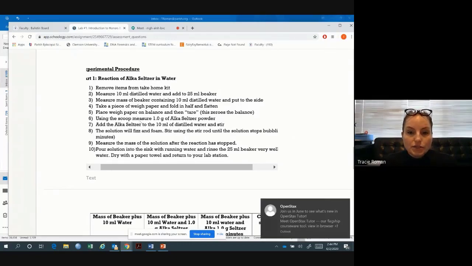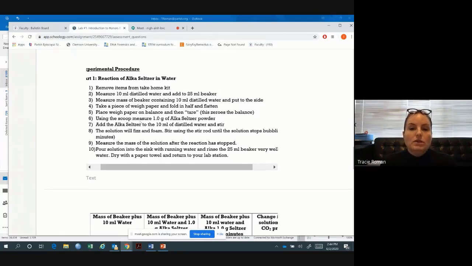We're going to do the same experiment 3 times, and we're going to change the amount of vinegar and water each time. If you have a balance, you're going to measure out 1 gram of Alka-Seltzer. If you don't have a balance, that's fine.